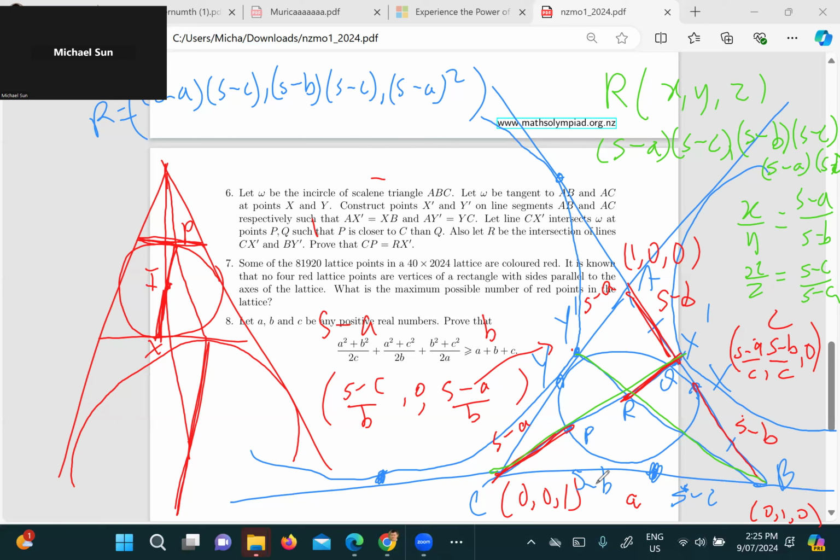Are we sure S minus A squared over S minus B times S minus C isn't the right thing? So he's saying that if they're concurrent, then the ratio of the x and the y, and the y and the z, should also be of this form.